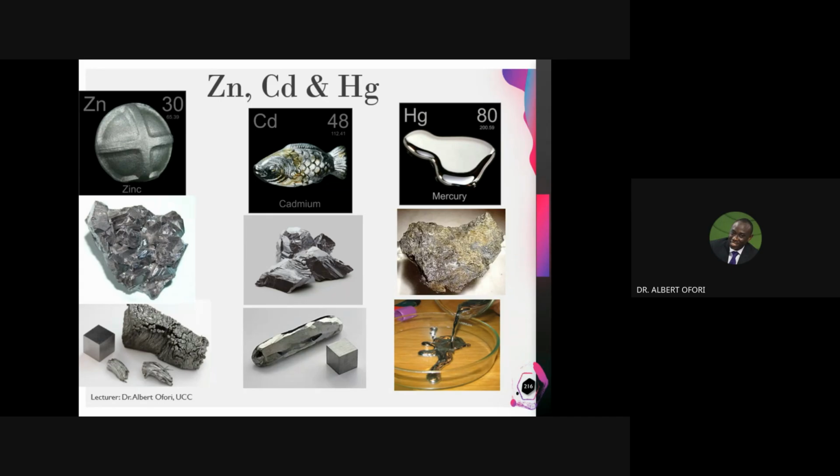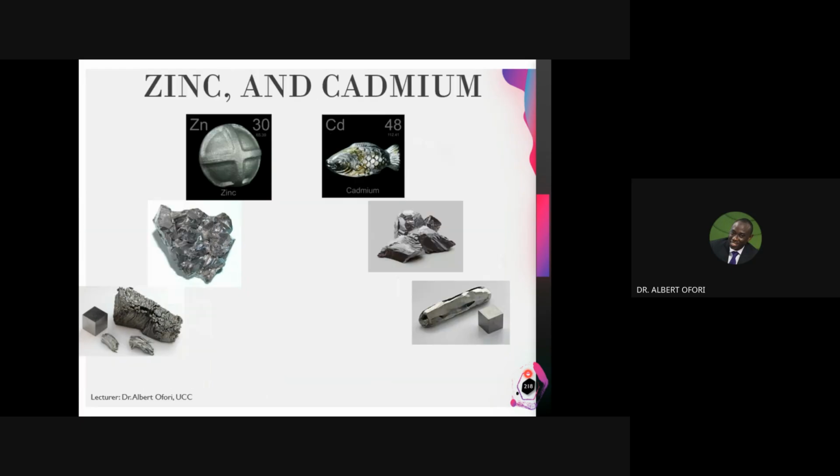Of course, they are all metals, which have the properties of metals, but they belong to the transition metals. So I'll take the zinc and the cadmium alongside because their size is quite close.